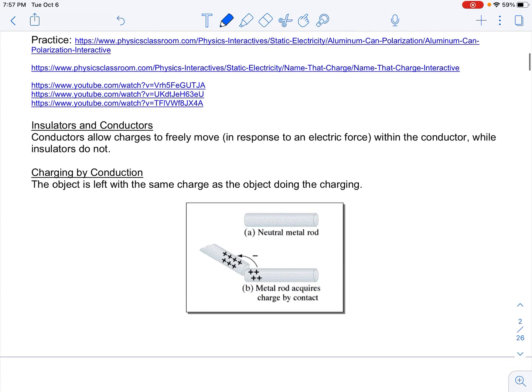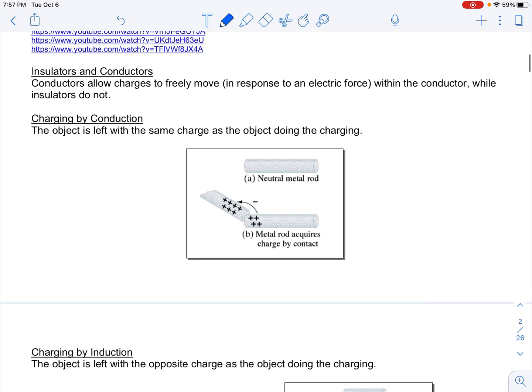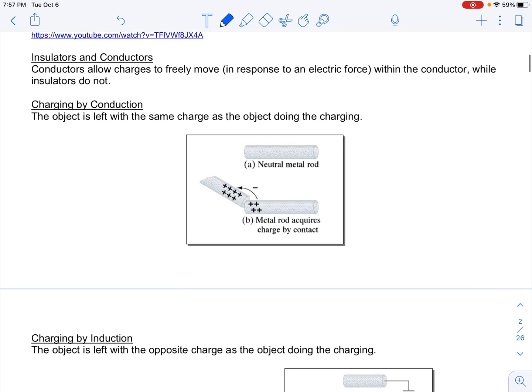Okay, so let's look at some different situations of how charging can happen. First of all, we want to think about whether or not we're working with an insulator or a conductor. An insulator does not allow charges to move freely, while a conductor does allow charges to freely move in response to an electric force.